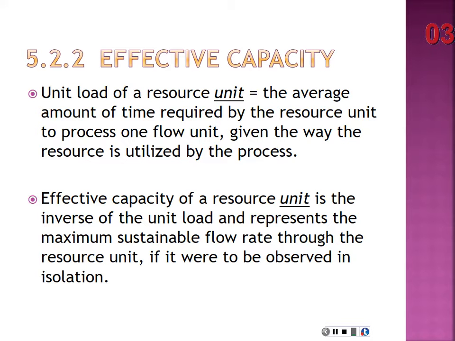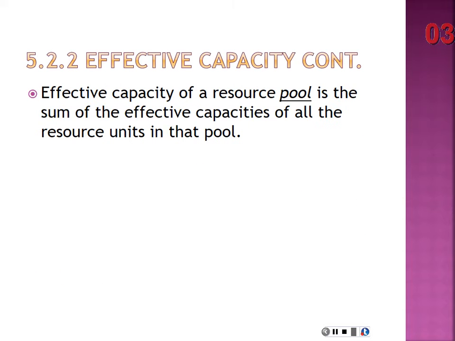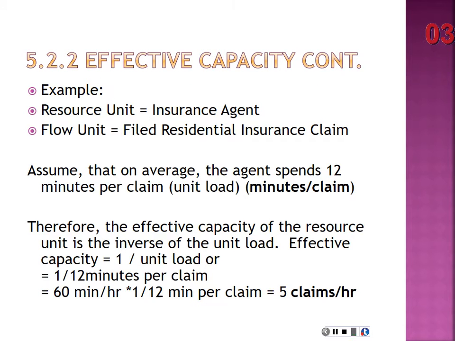And represents the maximum sustainable flow rate through the resource unit. So what we're saying is that if we have our, well, let's just keep moving and I'll show it to you in an example. Okay? So the effective capacity of a resource pool is the sum of the effective capacities of all the resource units in that pool. So let's look at an example.